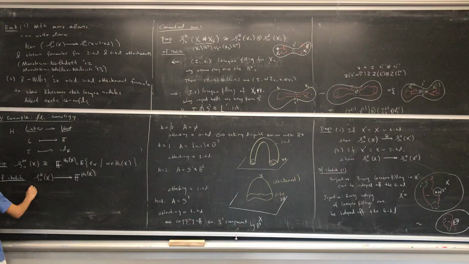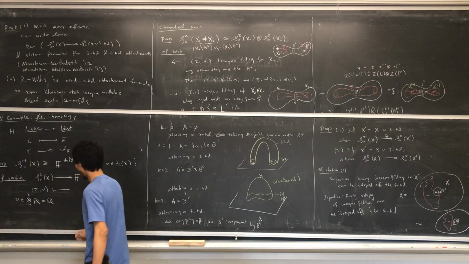For that, I need to tell you where to send a lasagna filling. So in this case, my decoration V is a label in the tensor product of copies of Q, which is again a canonical copy of Q. So V is a rational number.